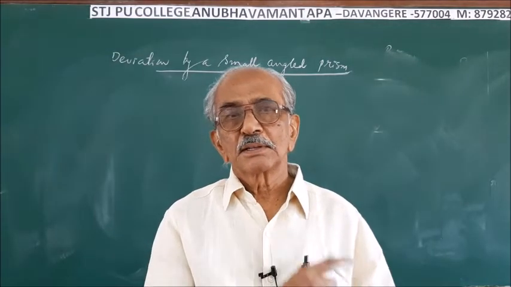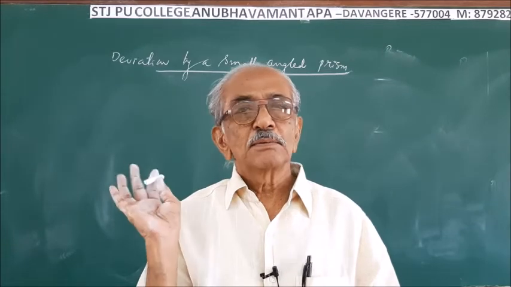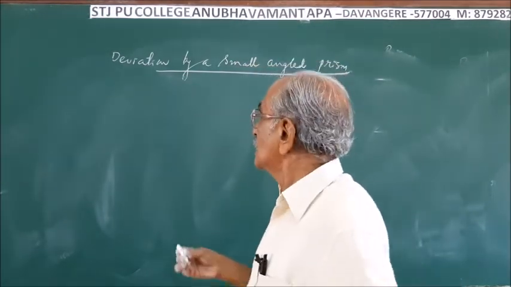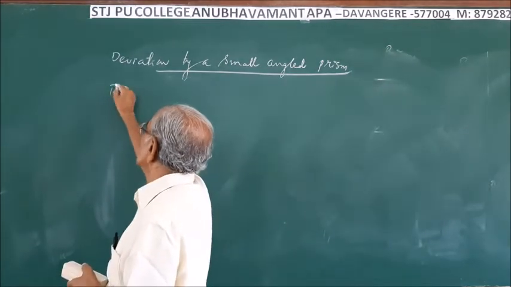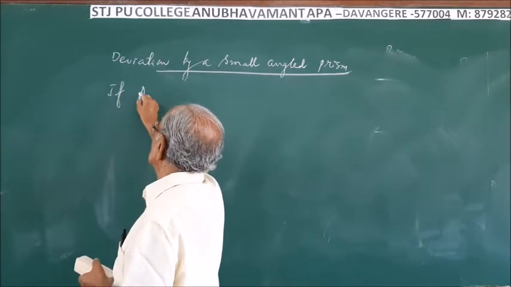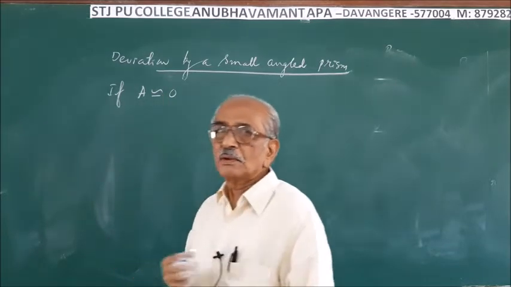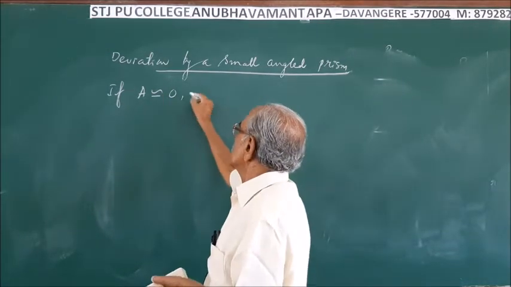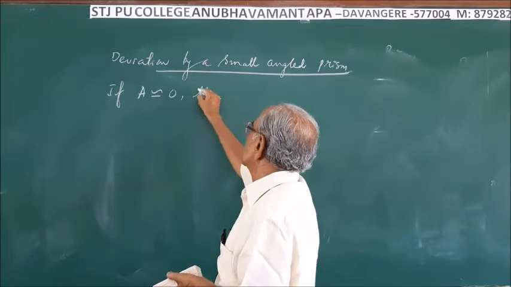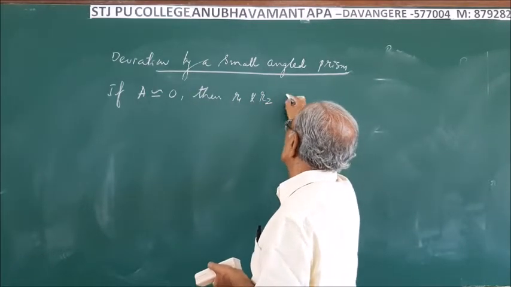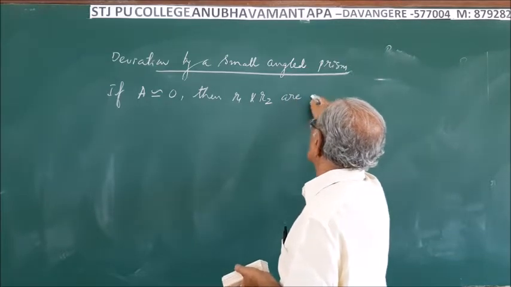In such a case, we have the small angle prism. For a small angle prism, if A is very small, not 0, then R1 and R2 are also small.